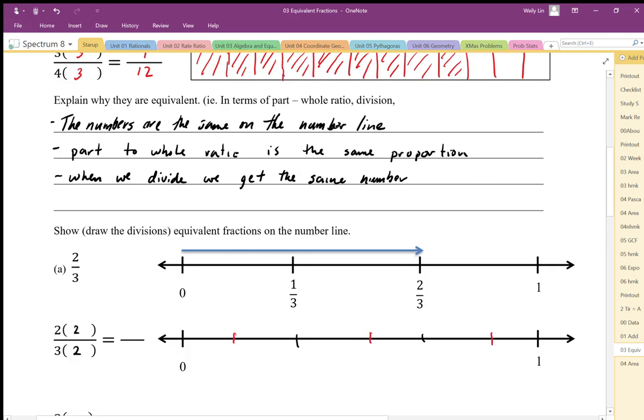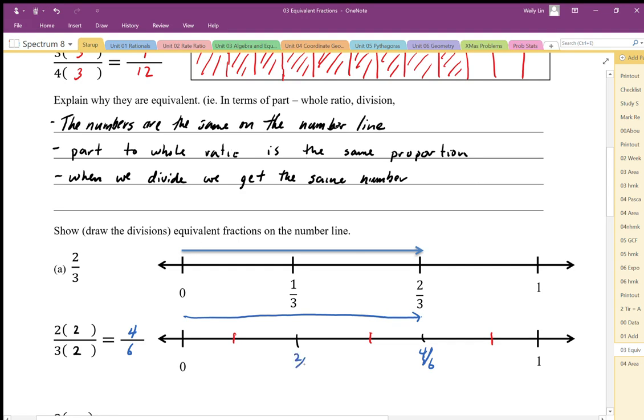Okay, so I can do all groups of 2, and then we can say that the same proportion of 4 parts out of, so I'm going to write this as 4 out of 6. So 4 parts out of 6 is going to get us the same point on the number line as 2 parts out of 3.